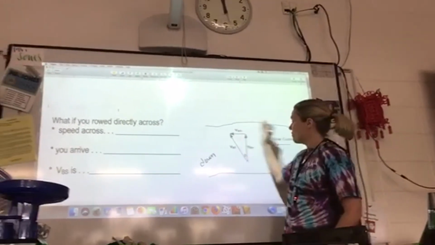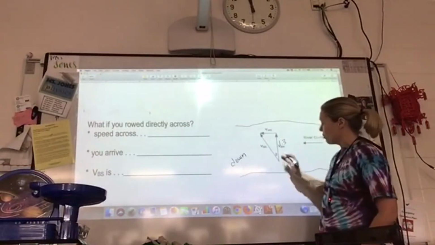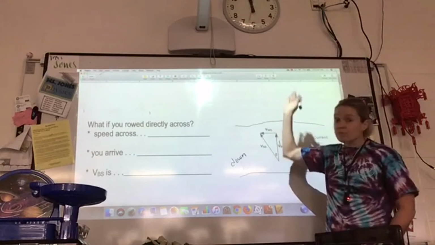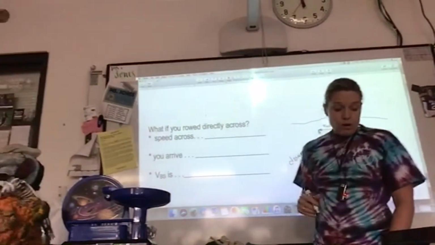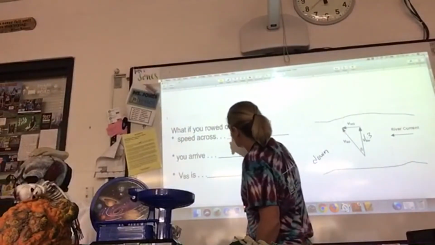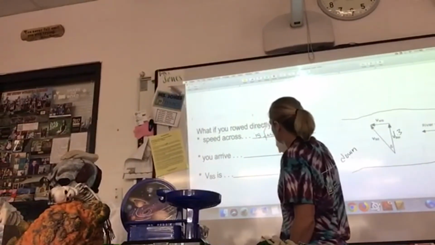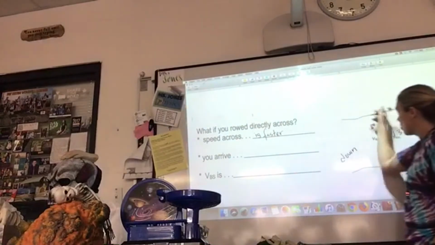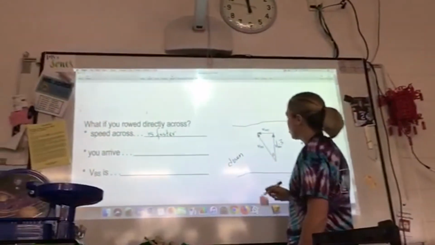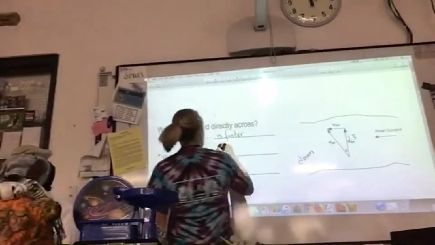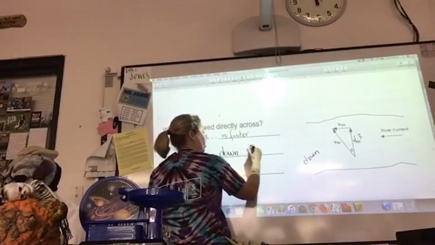You took all your effort. So whatever it was, if it was 1.3, now all 1.3 is going north. Before that wasn't the case. So your speed across is faster. You're going to get across to the other side faster. But you arrive where? You're going to arrive downstream.